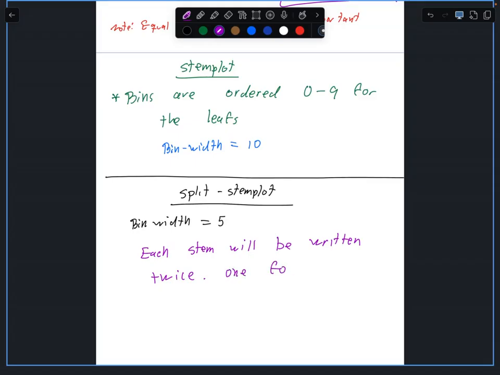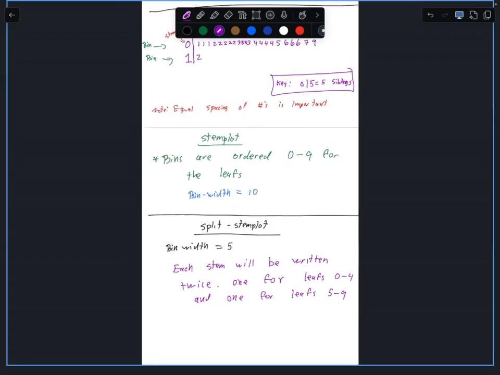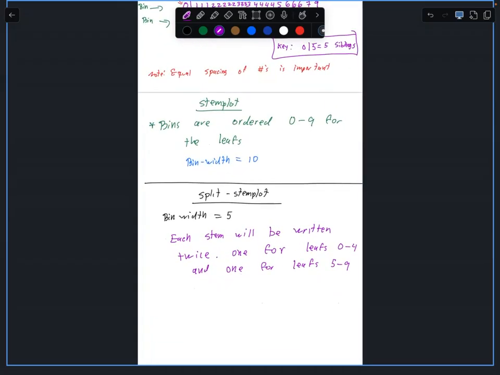One for leaves 0 through 4, and one for leaves 5 through 9. I'll pause right here, and then we're going to create a split stem plot.